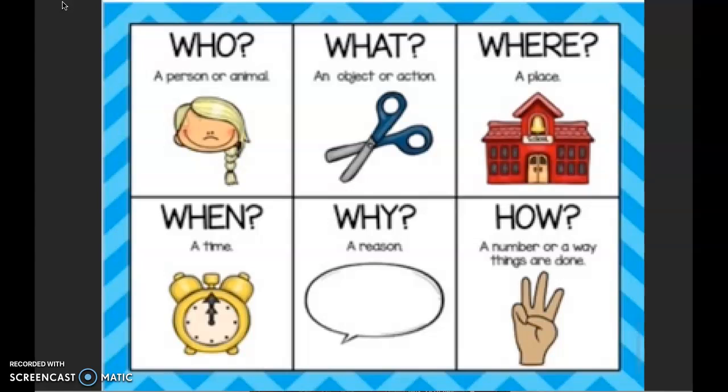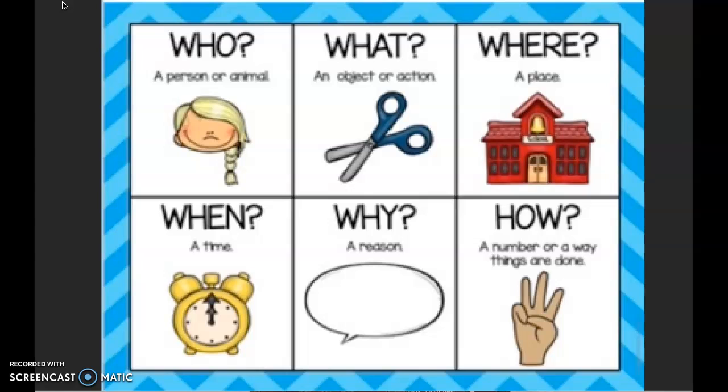ELA GSE 1 RL3, describe characters, settings, and major events in a story using key details. Next, ELA GSE 2 RL1. Ask and answer questions such as who, what, when, where, why, and how to demonstrate understanding of key details in a text.